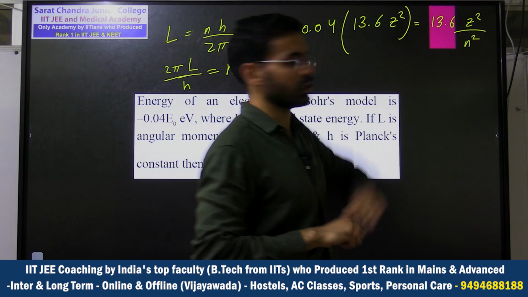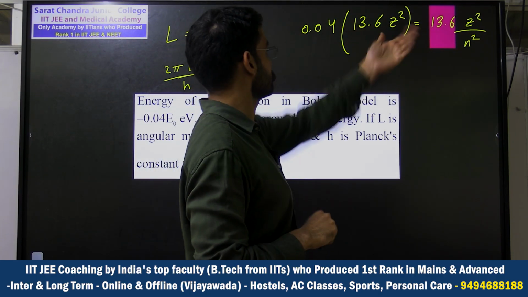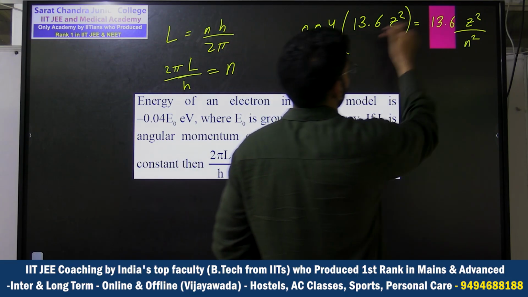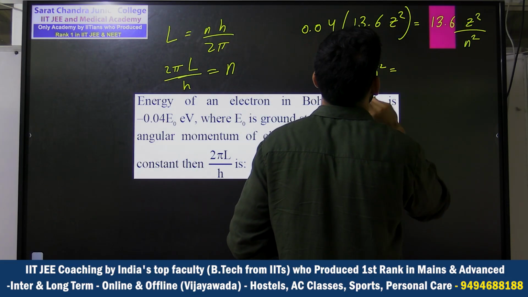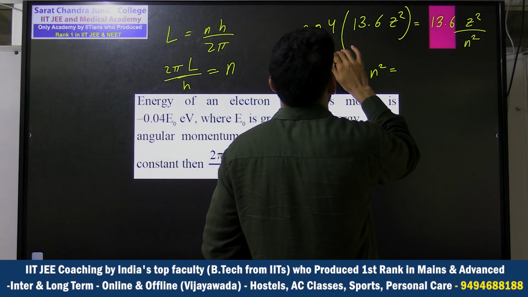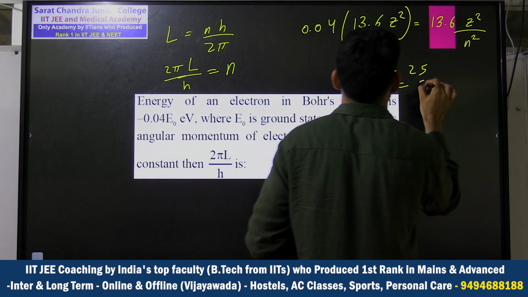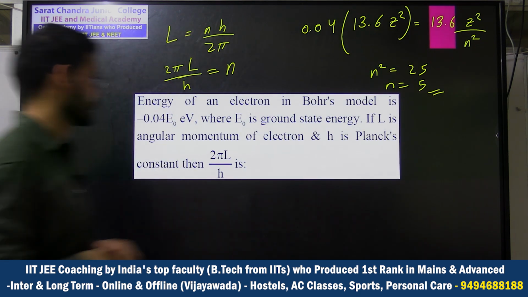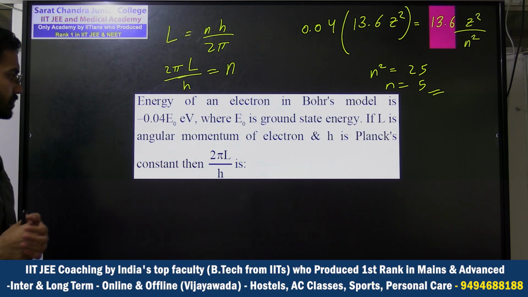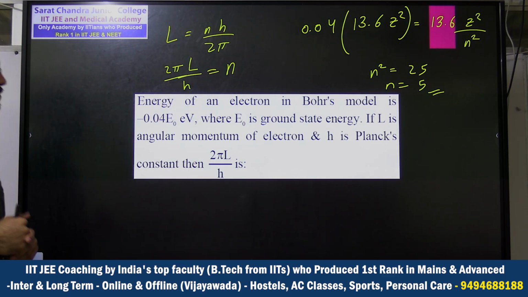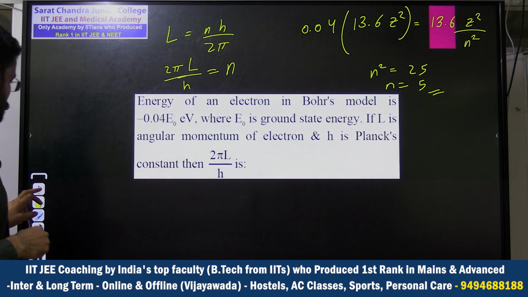And this is the value for any n which is given, 13.6 into Z square by n square. Right? Fine. So now 13.6 and Z square cancel out, n square equals 4 by 100 inverted, that is 25, so n equals 5. That's it. So n equal to 5 is your answer. That n only is being asked. So I hope this is clear.